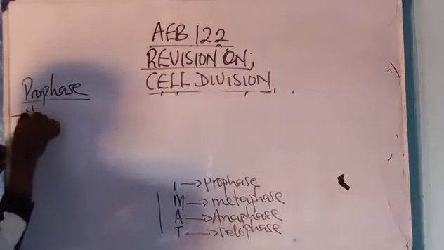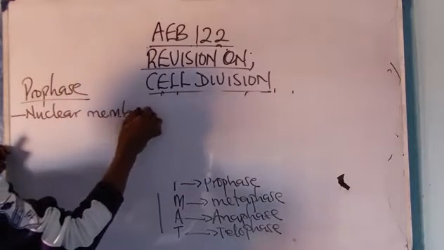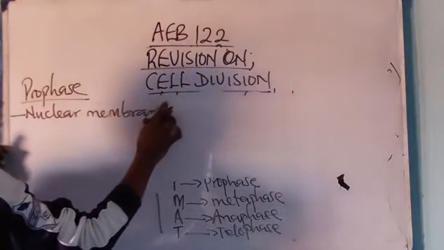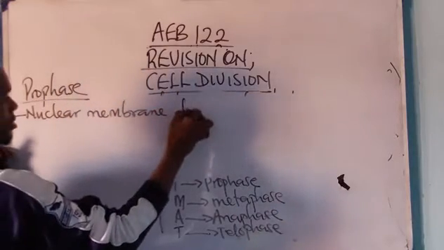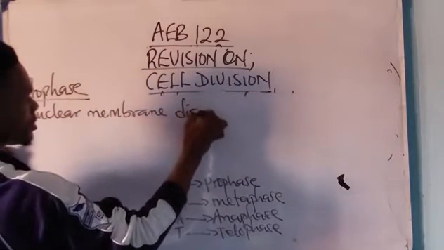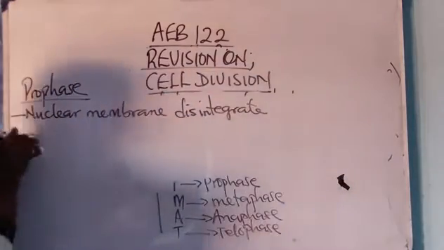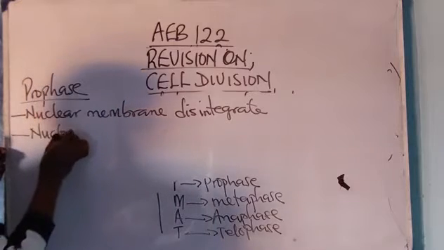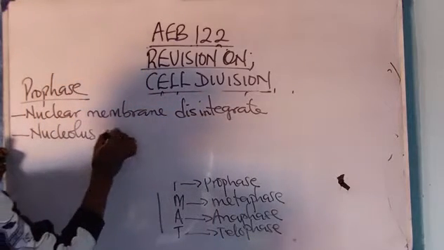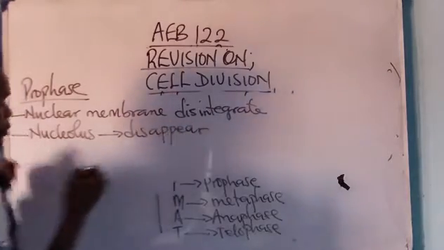one, the nuclear membrane disintegrates. Then the nucleolus disappears.